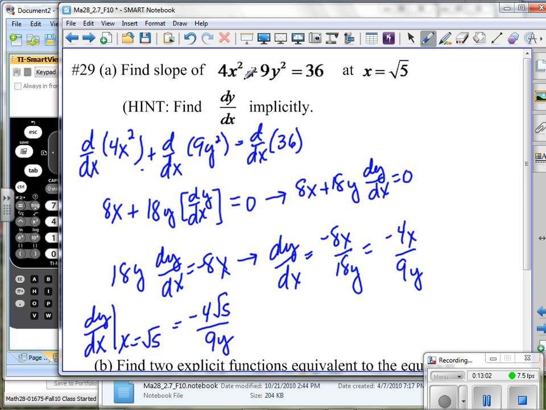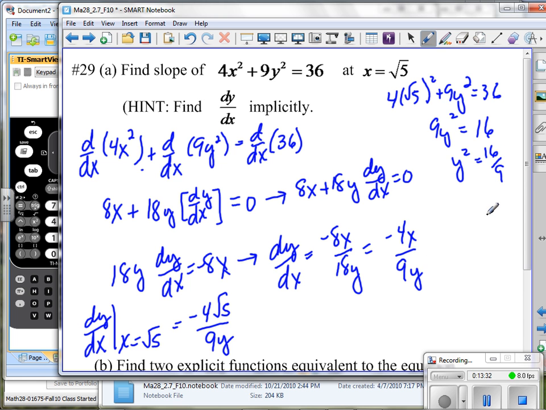If I know that x is the square root of 5, would I then be able to find y? Yes. So I have 4 times the square root of 5 quantity squared. I have 9y squared equals, let's see, the square root of 5 squared is 5. 5 times 4 is 20. Subtract 20 from both sides is 16. So y squared is 16 ninths, which means y is plus or minus the square root of 16 ninths, 4/3.